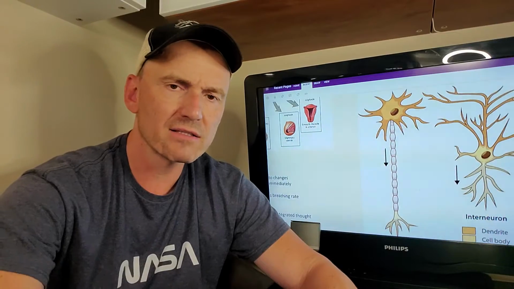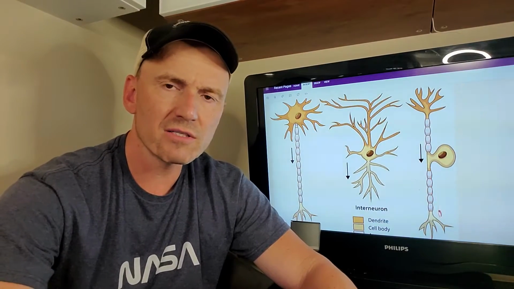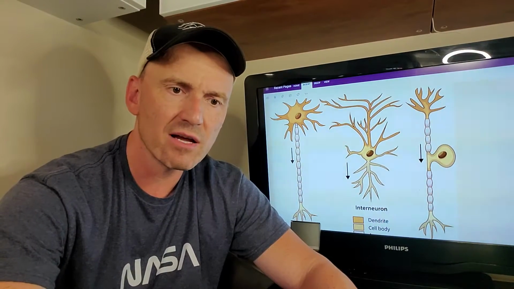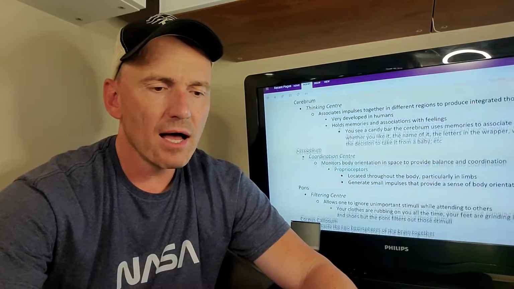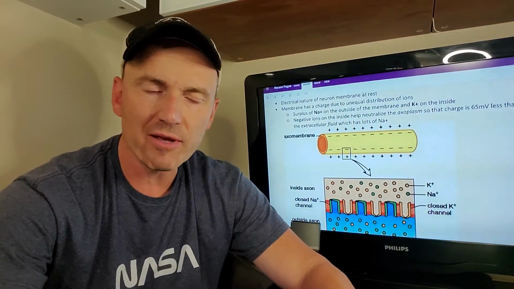Here's an axon in a sensory neuron, but here's the dendrite, and these are the Schwann cells. There's the nodes of Ranvier. This action potential is going to be happening at these nodes of Ranvier. So that's where we are.